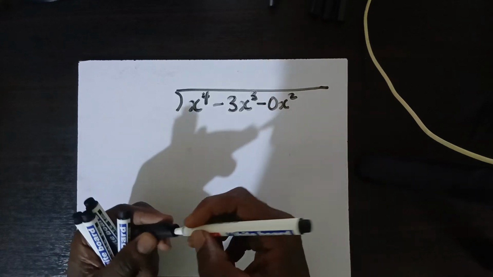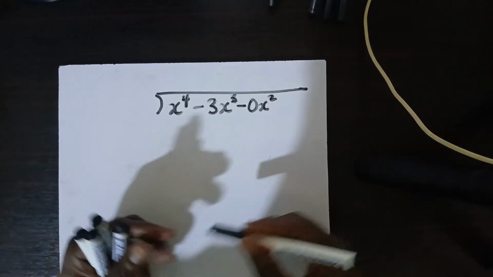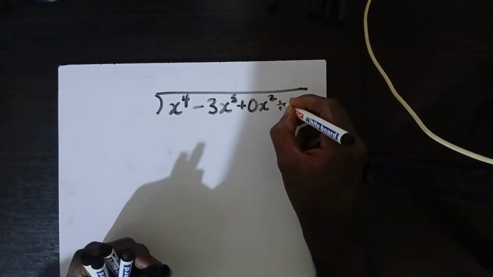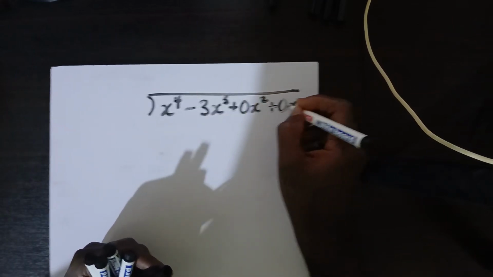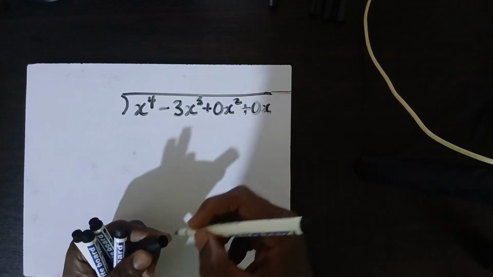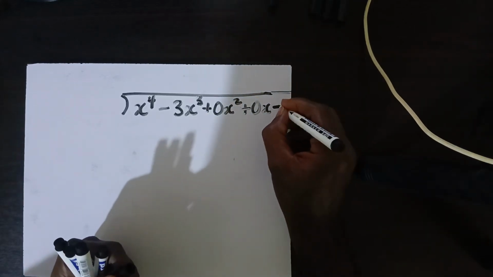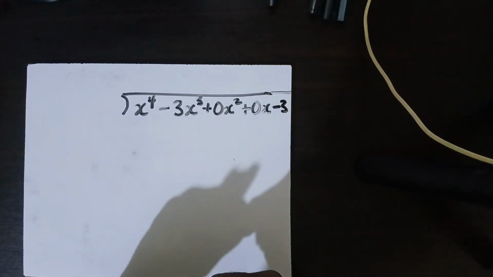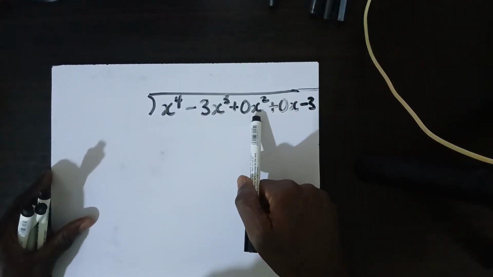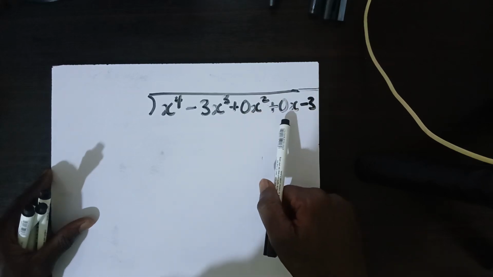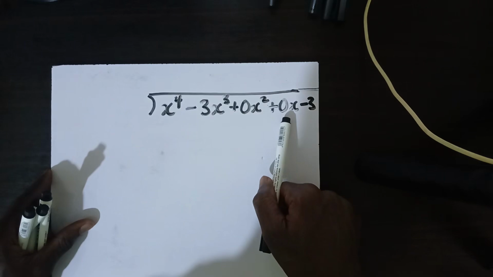Then there is no term also for x, so we make it plus 0x. And then minus 3. Since there is no term for x squared, we represent it with 0x squared. Since there is no term for the x, we represent it with 0x.